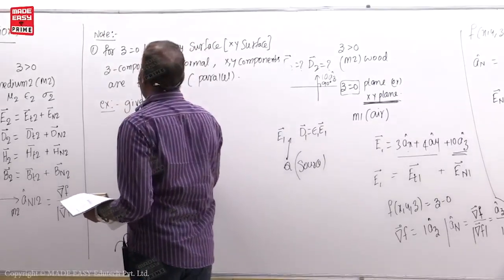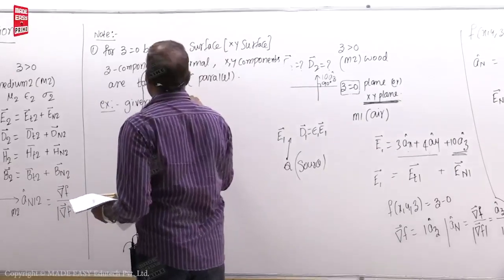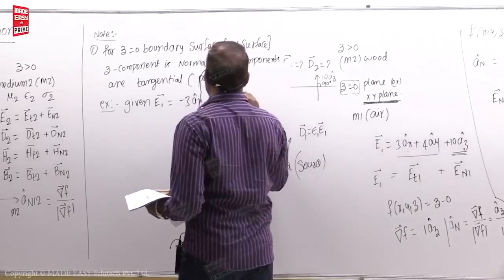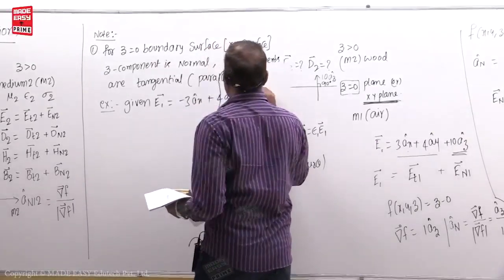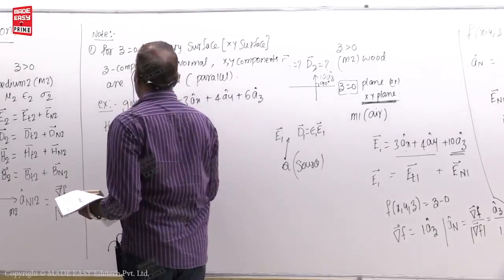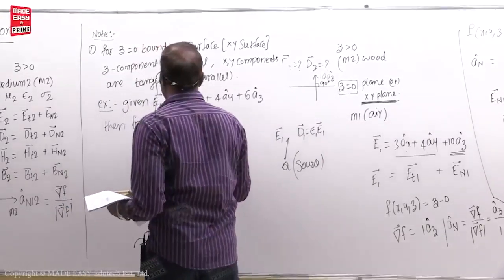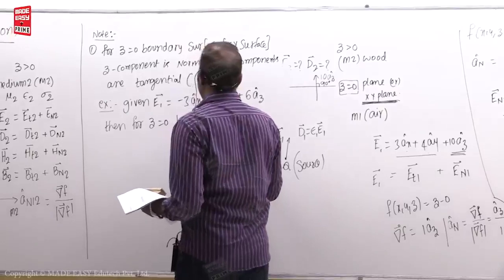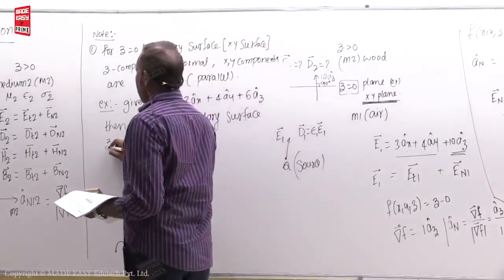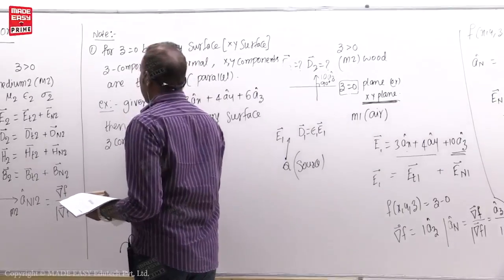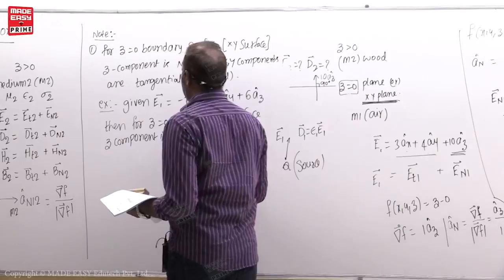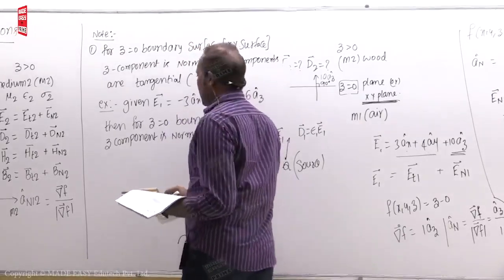Example: given E1 bar is equal to minus 3ax plus 4ay plus 6az, then for the z equal to 0 boundary surface, the z component is the normal component.